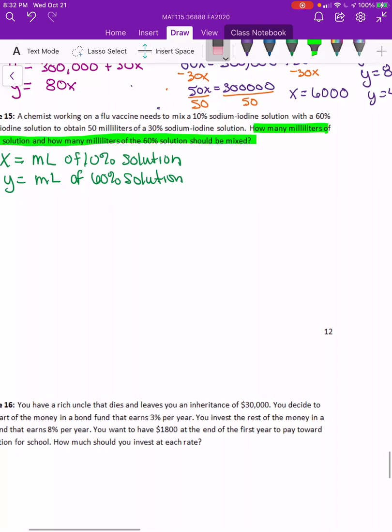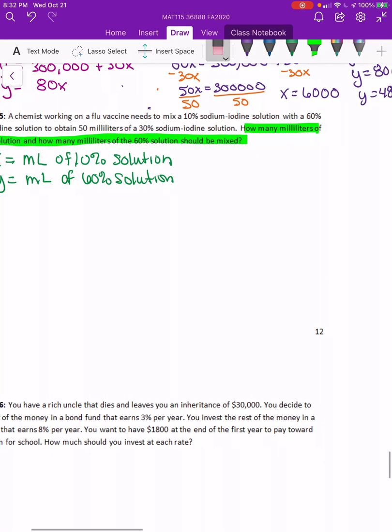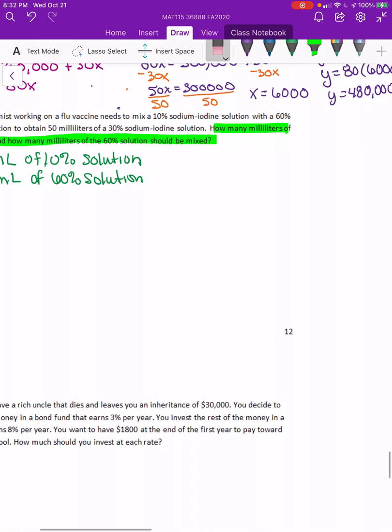All right, so if you remember, let me draw that picture again. Basically they're going to take, like, some little container, maybe a vial, I don't know.